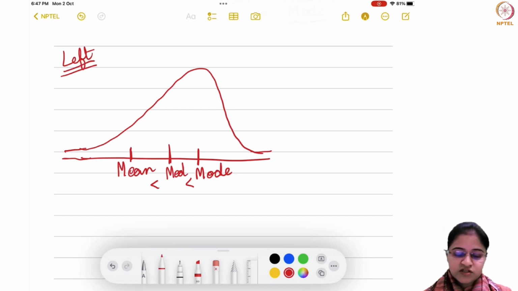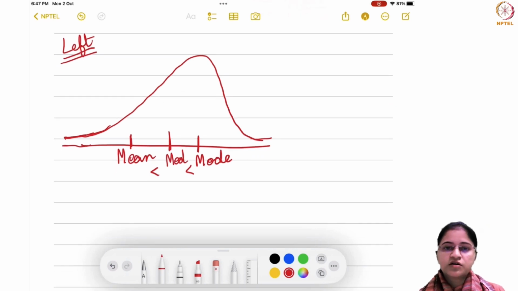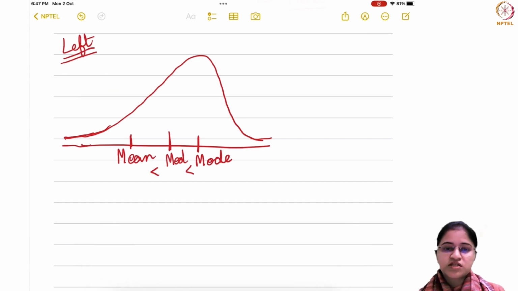And when will you have such a data set in real life? In real life, we come across such situations if you consider the retirement age of individuals. For some professions, the retirement age is 60, 65, while in others, if you consider the military, the retirement age is around 45. So when it is low, it is pulling down the mean towards it.